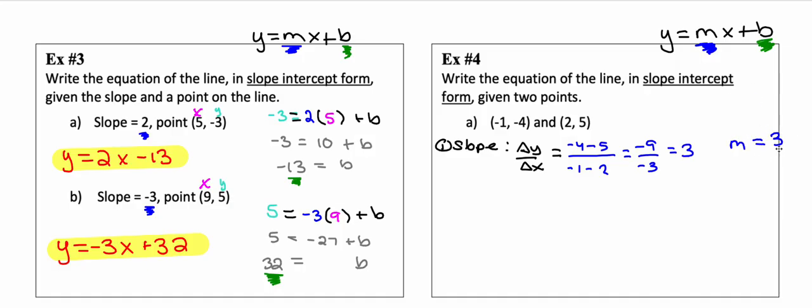We now have our blue underline. Next, we're going to go back to how we did on example 3. Now that we have a slope, we can find the b value by plugging in a coordinate that we already have. So our next step will be to find the b value, since we already found the slope.